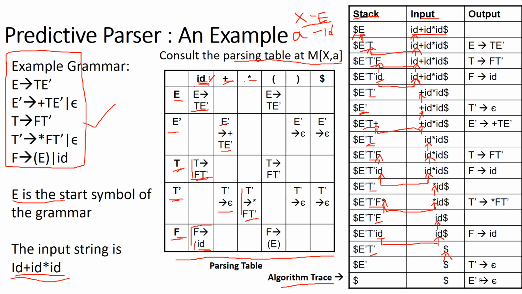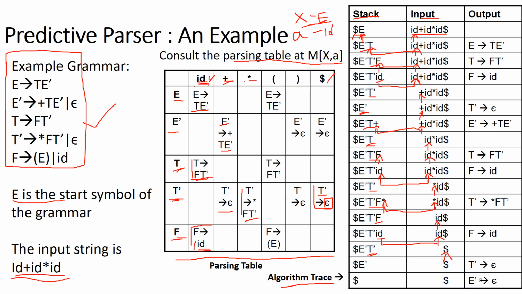And because T dash is a non-terminal, the parsing procedure consults the parsing table at the location T dash dollar, which is a production T dash to epsilon. Here T dash is the left hand side of the production and the top of the stack, and epsilon is the right hand side of the production and a null string.